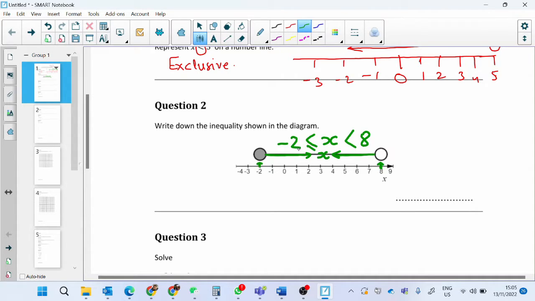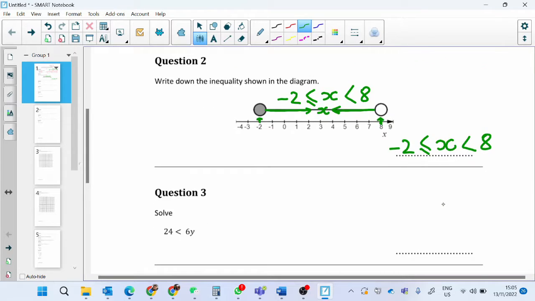And x is greater than or equal to -2. So we can write this as -2 is smaller than or equal to x and x is smaller than 8. This is how we write this inequality.